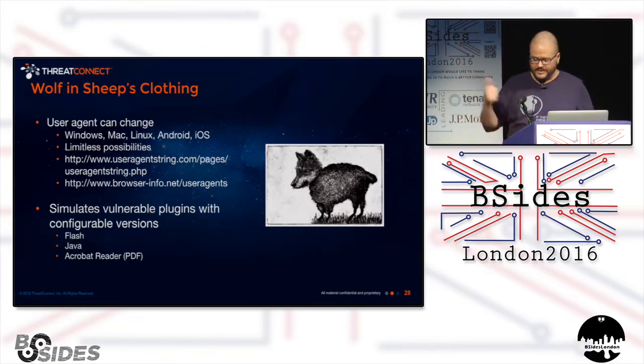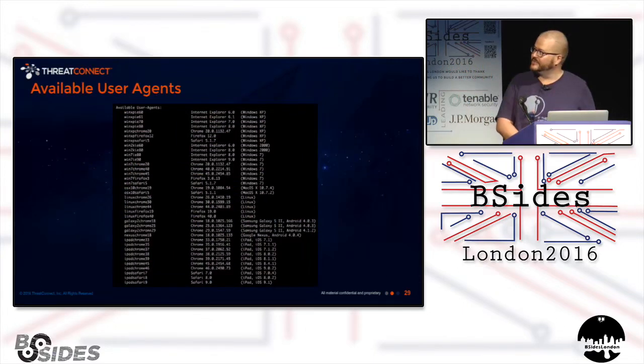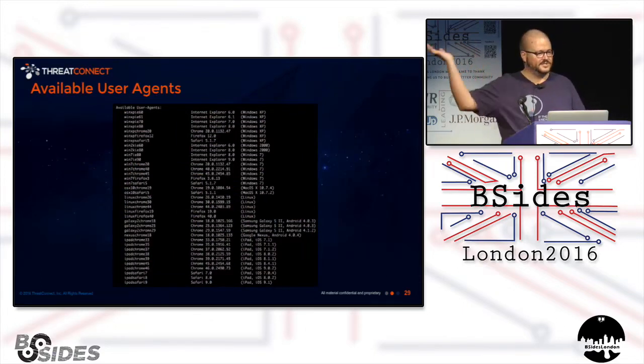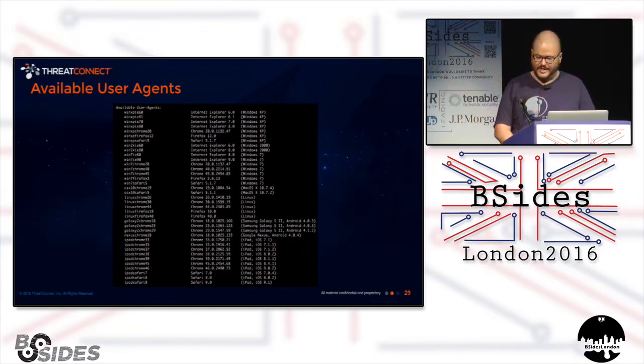And then, again, it simulates the variety of versions of vulnerable software that you can have as plugins. This is just a list of the variety of user agents and operating system combinations that are provided with it. The Firefox on Windows 7 I've found is a pretty good one. Also IE8 in Windows 7 is another very good one.